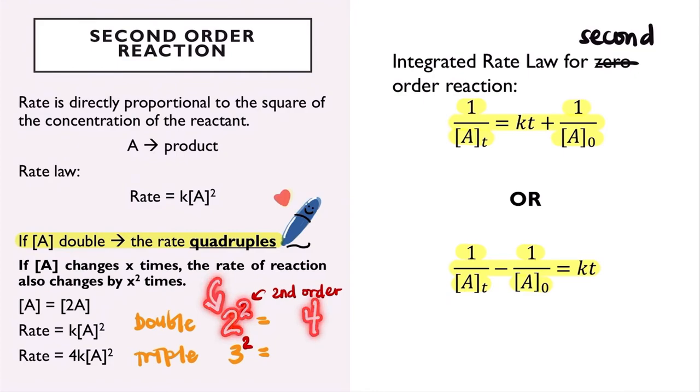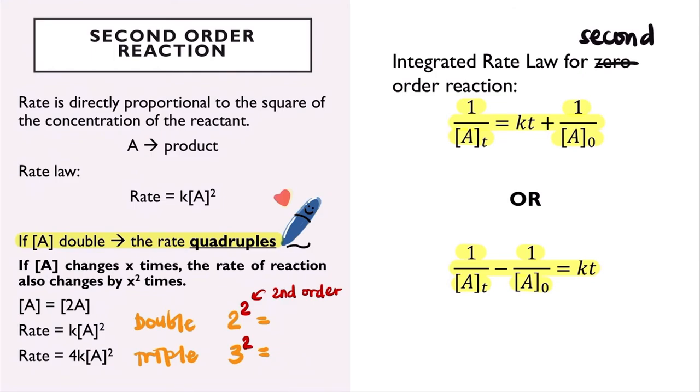If you triple the concentration of A which has second order, then it will increase by the factor of 9. And if you quadruple, meaning 4 to the power of 2, then it will increase by the factor of 16. Alright, so that is that.